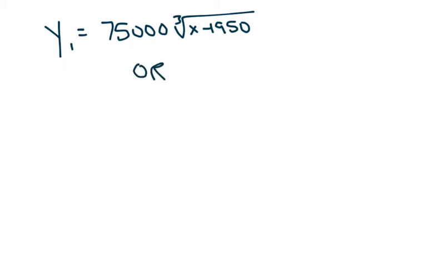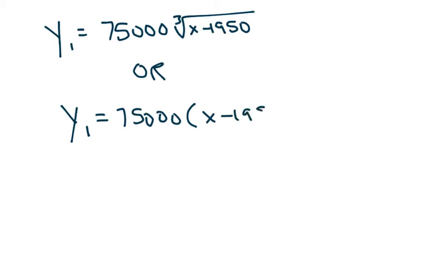Or if you like working in rational exponents instead of radicals, you could change this to be x minus 1950 raised to the 1/3 power. Both methods of typing it into your graphing calculator will result in the same graph. So whichever one makes you happier.